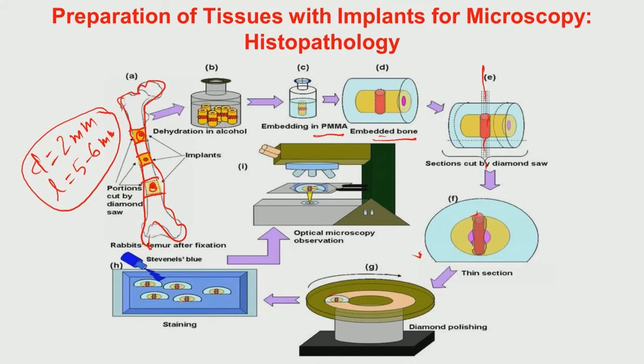Now, this staining can be done using different histological stains depending on what part of the tissue structure you want to reveal, or in other words, which cells in the tissues you want to reveal. One of the staining agents that is quite commonly used is Stevenel's blue stain, and then you can do optical microscopy observations.